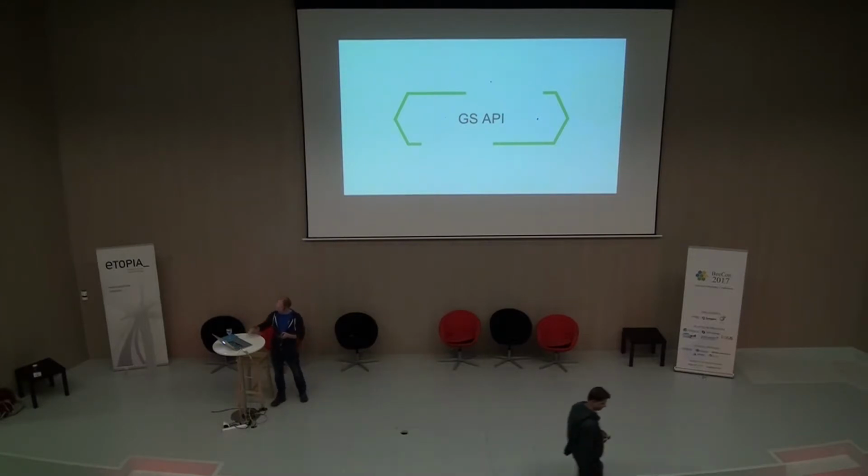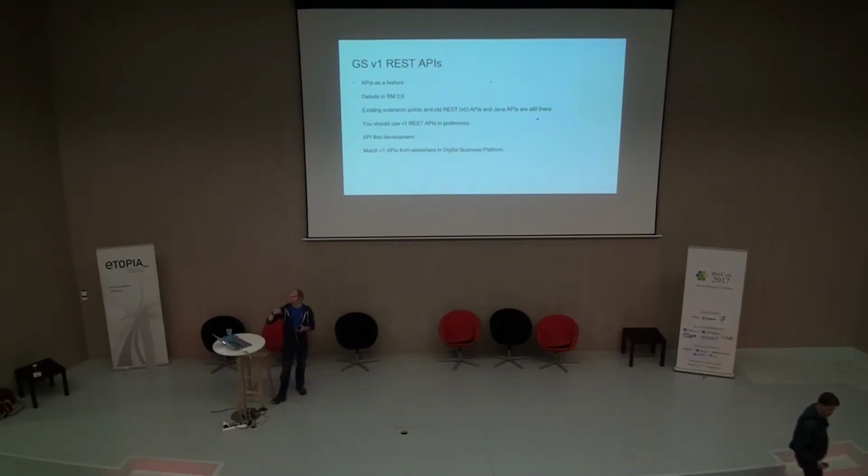Previously the APIs were a byproduct of development we were doing elsewhere, and that's changed a lot. You've heard people talk about the APIs a fair bit, and that's because they're a feature of the digital platform now in their own right, in a way they never were before. So that's why I'm up on stage talking about APIs rather than shiny UI stuff that I would normally be doing.